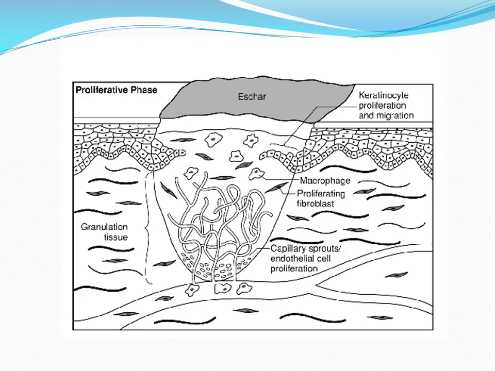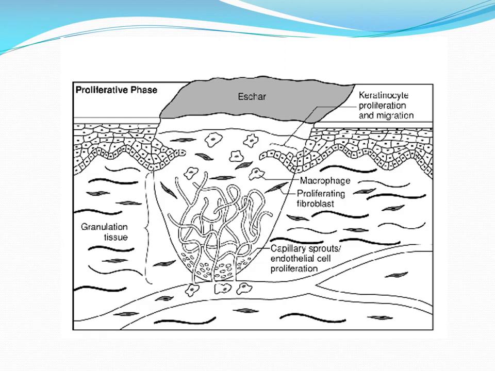And that helps these cells to proliferate and to migrate in order to form a sheet covering the wound, in order to seal the wound and protect it from the environment.